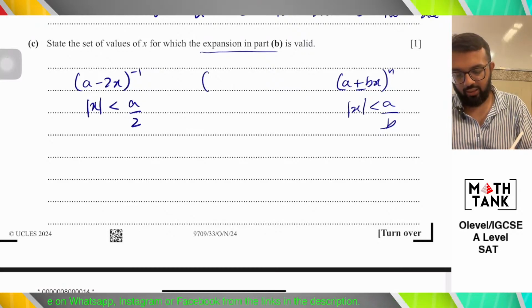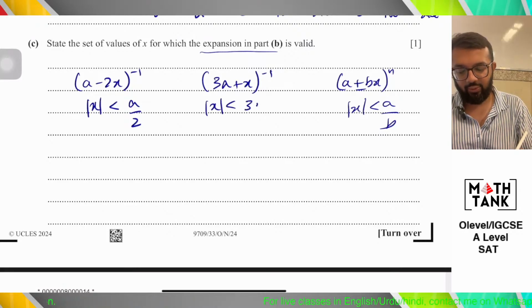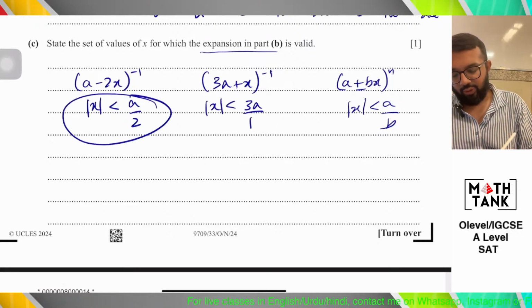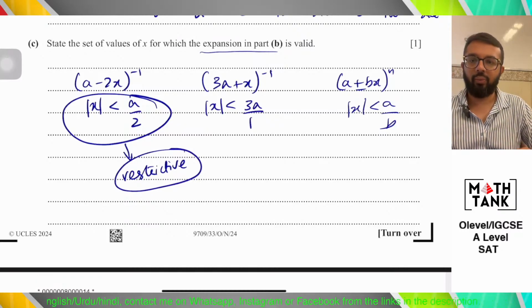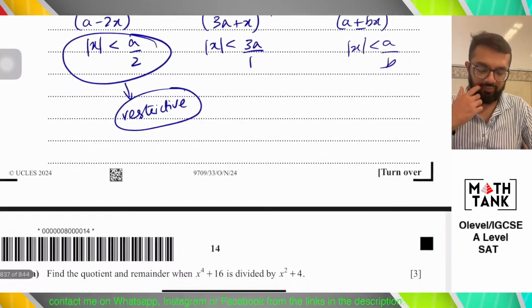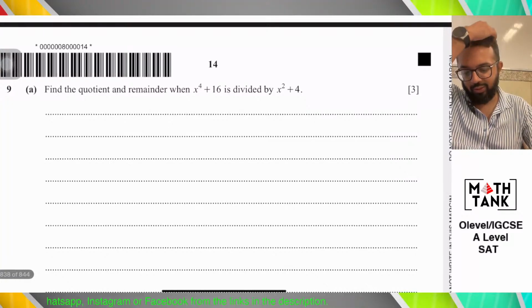And here, if I say 3a plus x power minus 1, modulus of x is less than 3a over 1. This is the more restrictive. So that's what's going to hold. Yeah, my bad. I wrote it wrong, so I explained it wrong as well.